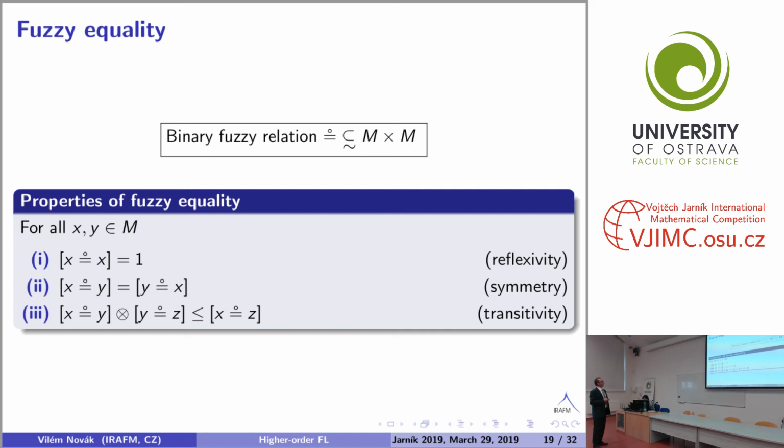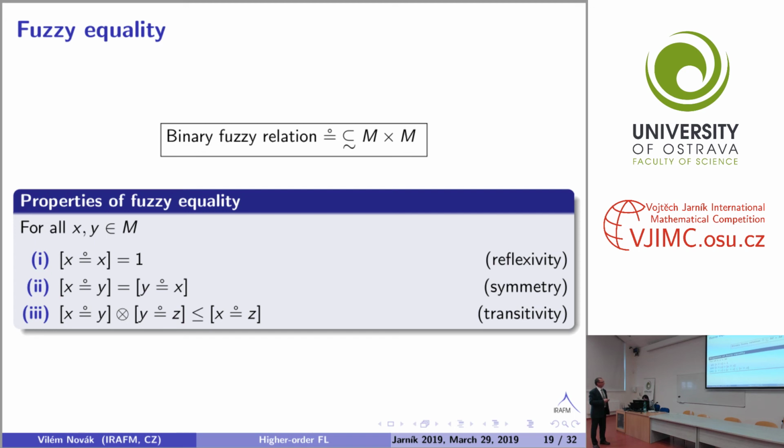We can introduce fuzzy equality. It is a binary fuzzy relation. It means it is a fuzzy set in the Cartesian product of two sets, which has these three properties. These are a generalization of classical equivalence. Notice here transitivity. Here this square bracket means truth value.